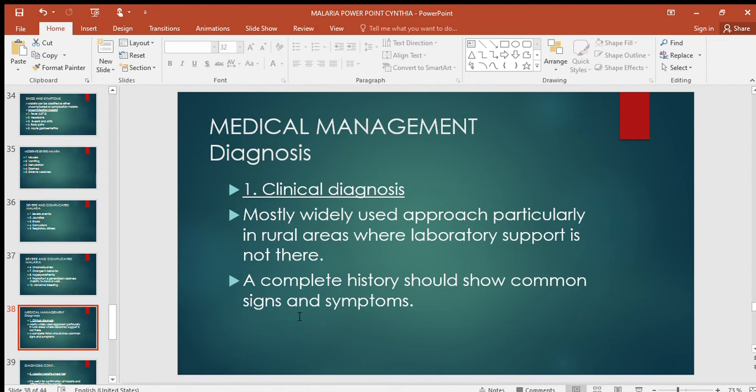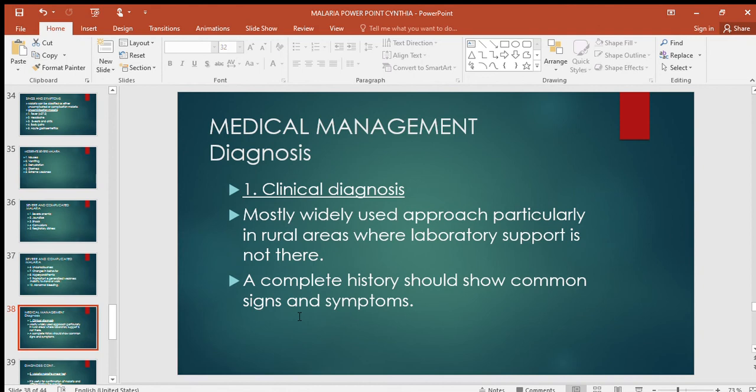So during this time, the clinician or the nurse on duty will have to get a detailed medical history from the patient, and then it should show the common signs and symptoms of malaria and how the disease started.